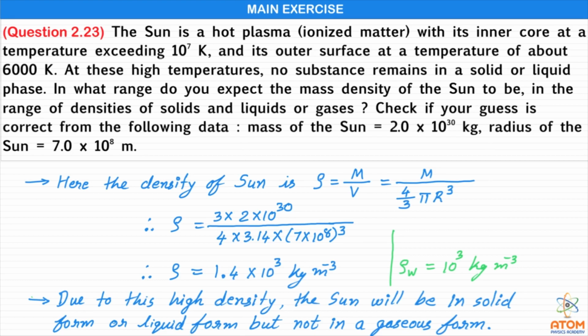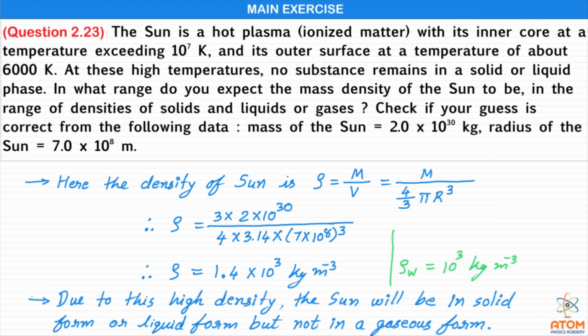But because the mass of sun is very large, the gravitational pull is very large, and so it increases the density of sun even at this high temperature, and so at this density sun is found to be in liquid state or in a solid state, but not in a gaseous state.